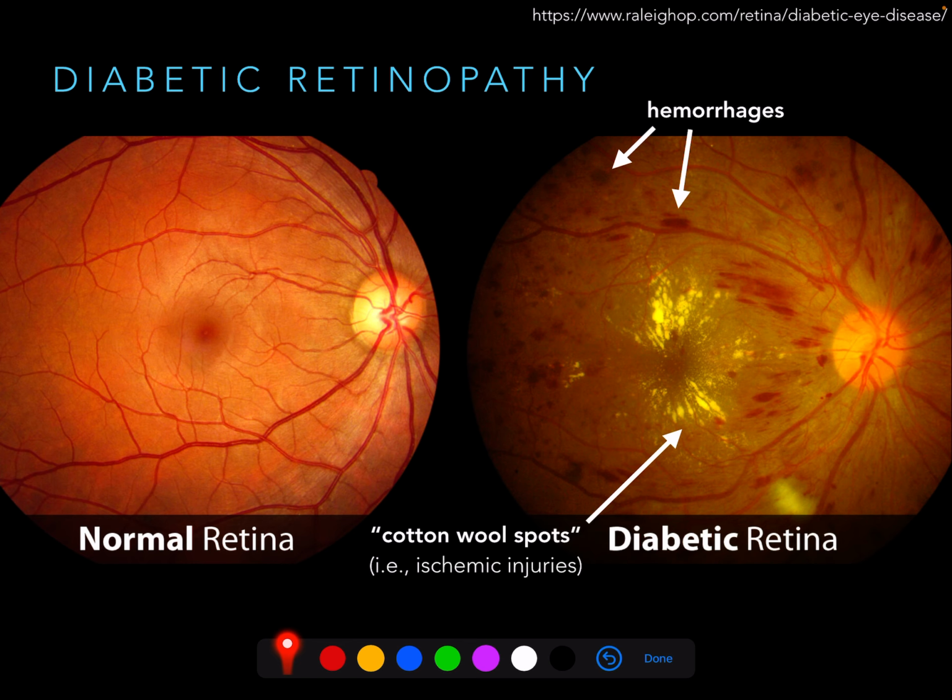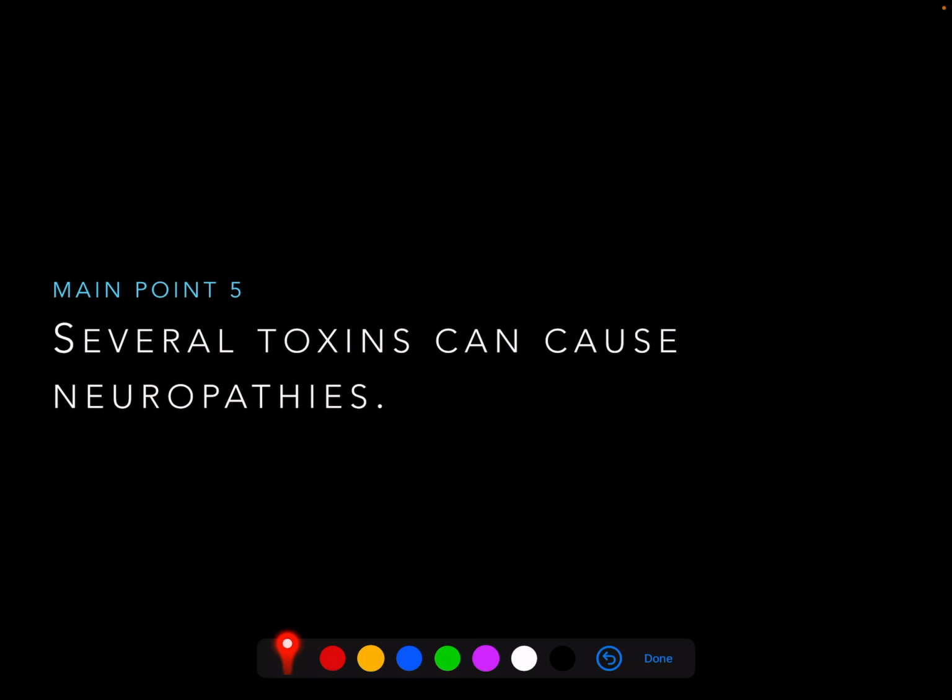That's probably those vascular effects. Hey, we also see these things called cotton wool spots. And that just shows us we have ischemic injury to the retina. So not only are we going to affect the limbs and the viscera, we're going to also affect the retina as well. I don't think anyone would disagree with me when I say diabetes sucks.